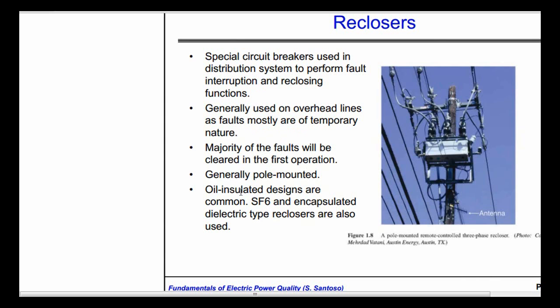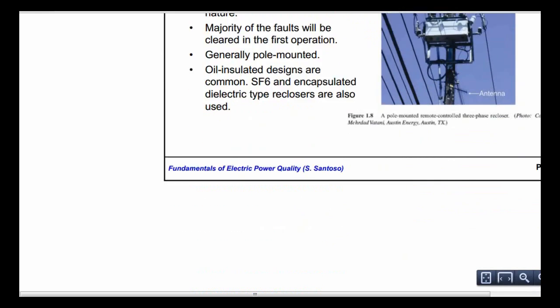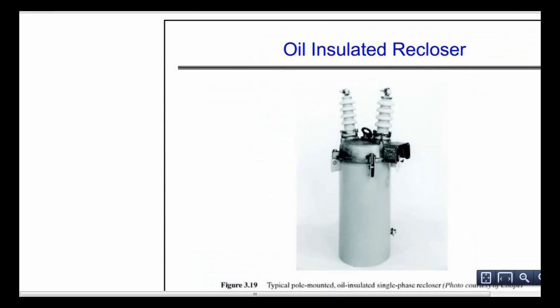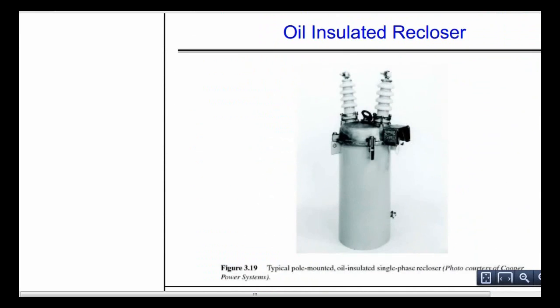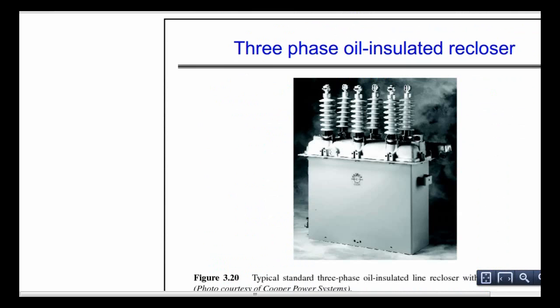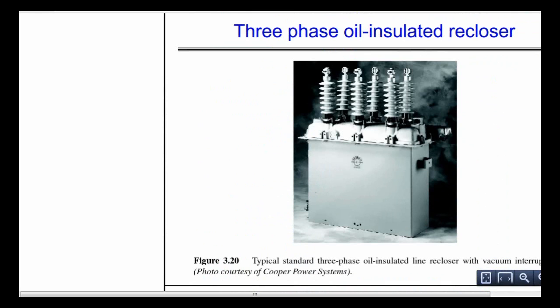Generally they are pole mounted, and they have different designs, either oil insulated or SF6 gas type, or sometimes vacuum circuit breakers. So this is a picture of the oil insulated recloser. This is for three-phase oil insulated reclosers. This is where the line will enter.